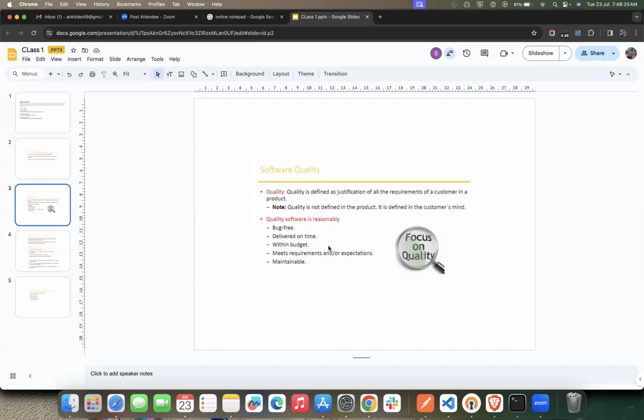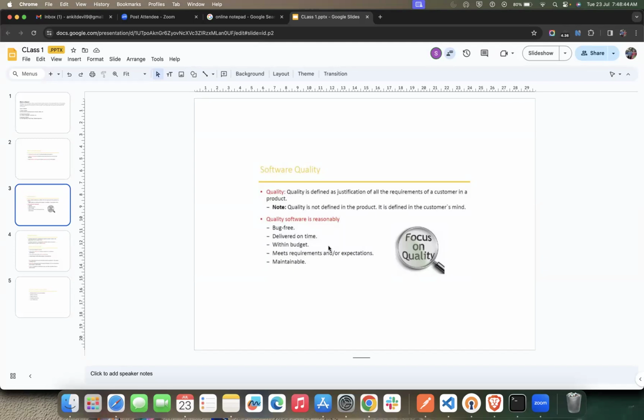Now the second point, delivery on time. Whenever we develop a software, there is a strict timeline to it that is agreed mutually by the customer and the organization. Now we need to deliver that software within that time period itself.